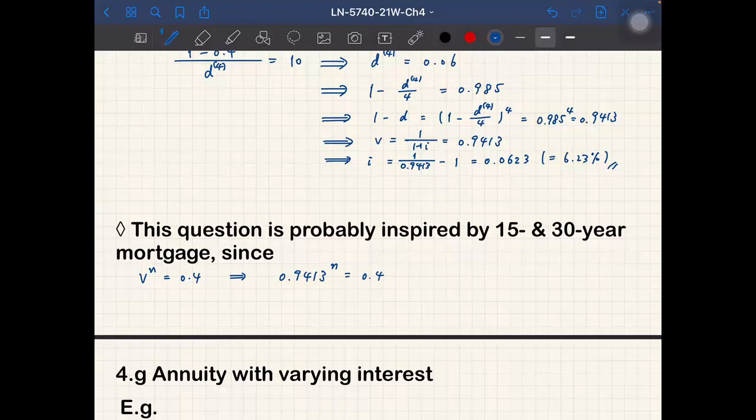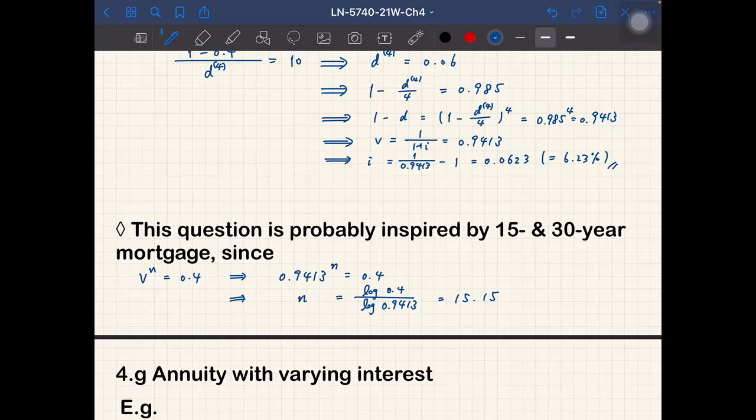If we take the logarithm, n is equal to the log of 0.4 over the log of 0.9413, and we get 15.15. So n is 15.15 and 2n is equal to 30.3.